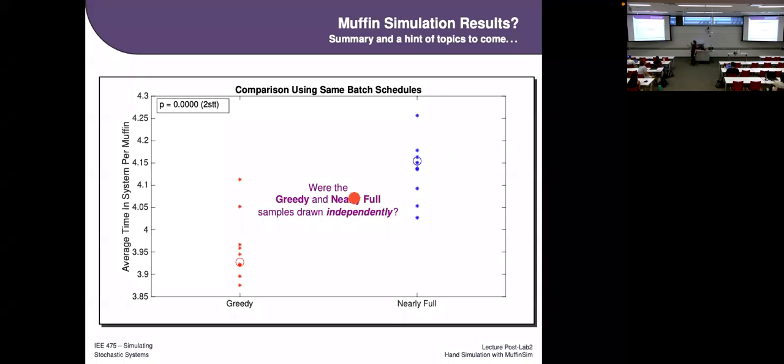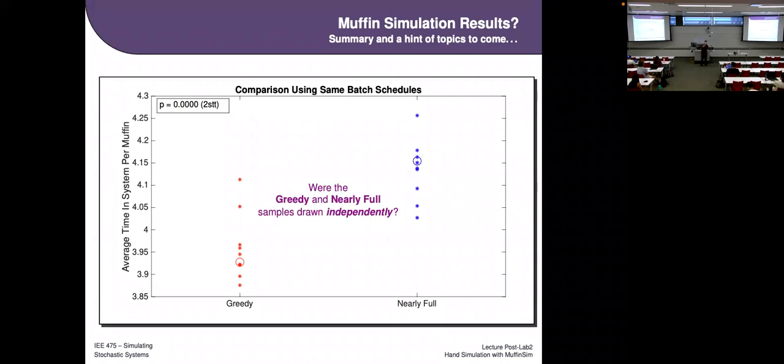But were these independent of each other? If you think about it, each one of you used the same muffin schedule to generate one of these points and another point. So anybody with 0 in their ID used the same muffin schedule to generate this data point and this data point. Because these points are not independent of each other, like I could have given all the people with an ASU ID that ends in 0 2 muffin schedules, a greedy muffin schedule and a nearly full muffin schedule, and they would be independent muffin schedules.